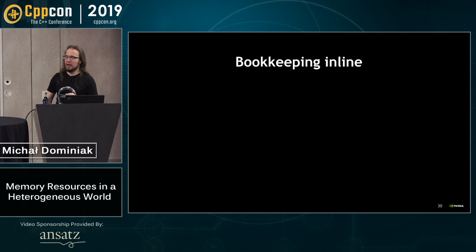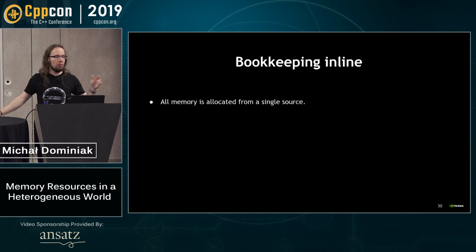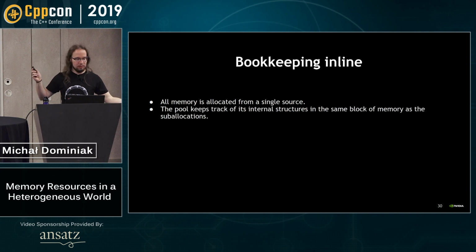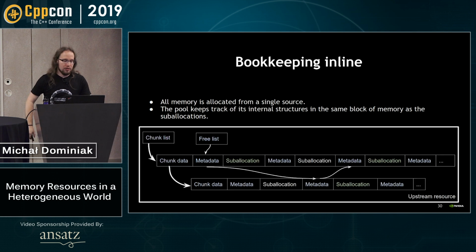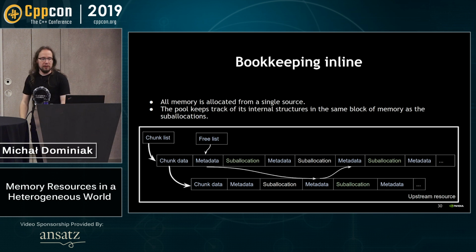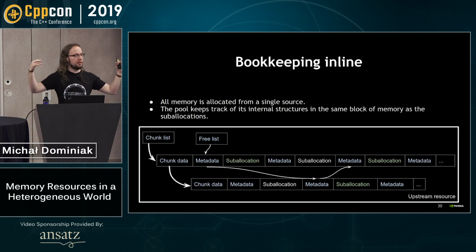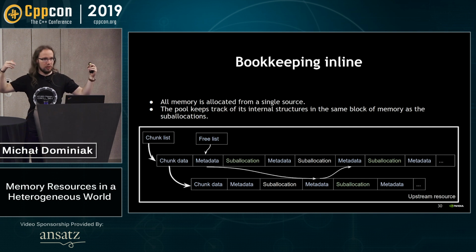Okay, so what do I mean by inline bookkeeping? All memory comes from a single place, and you are going to keep track of the memory that you own and that you are going to give out together with the actual memory that you are giving out. So it will look something like this in practice. You are going to have some two intrusive linked lists, or actually more, but let's stick with two.